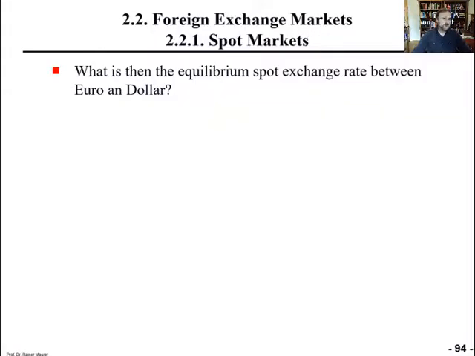What is then the equilibrium spot exchange rate between euro and dollar? Well, it must of course lie somewhere in between $1 per euro and $0.9 per euro, since at $1 per euro we had depreciation pressure, and at $0.9 per euro we had appreciation pressure on the euro. So how do we find now the equilibrium exchange rate between euro and dollar?